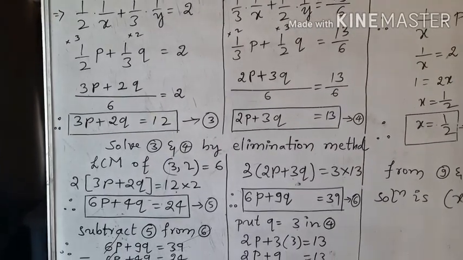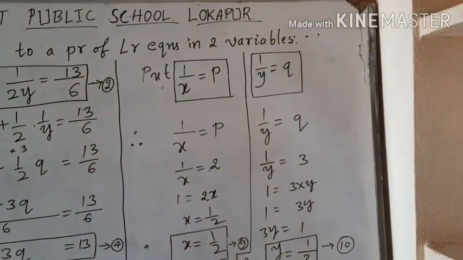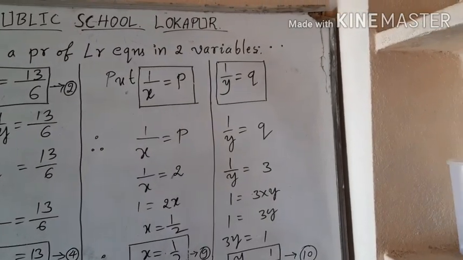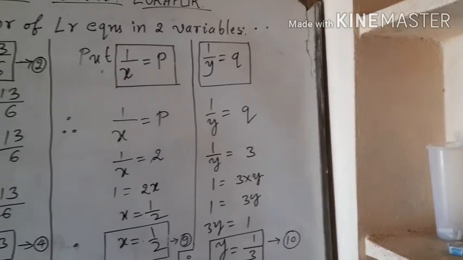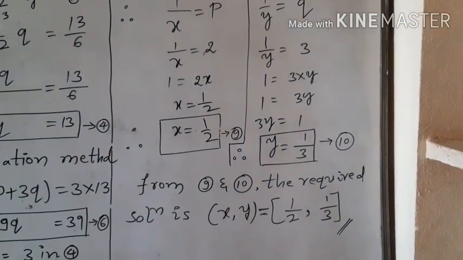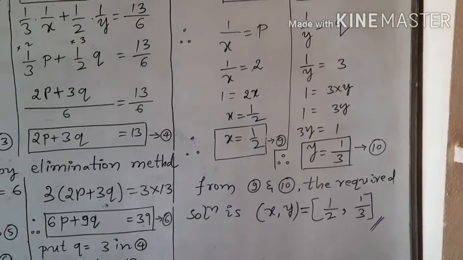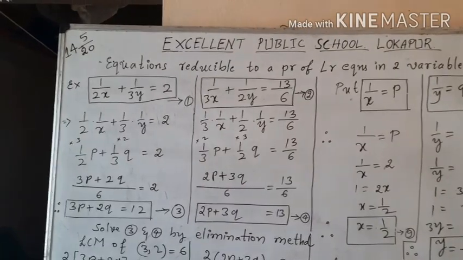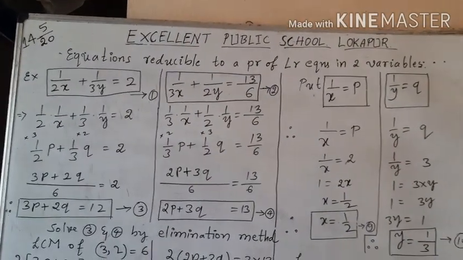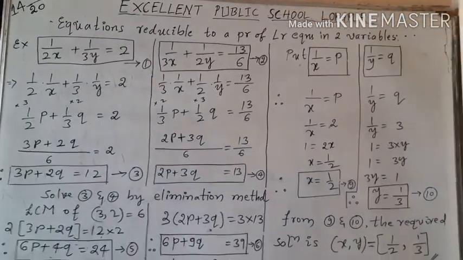Then by any one of the methods you solve them for p and q, and after finding the value of p and q, you take that 1 by x is equal to that p's value and 1 by y is equal to that q's value, and after solving you will get the value of x and the value of y. This is how we have learnt in this session how a pair of equations reducible to a pair of linear equations in two variables are solved.